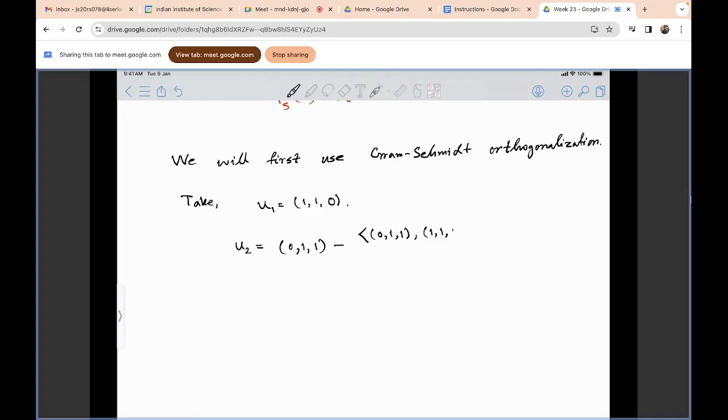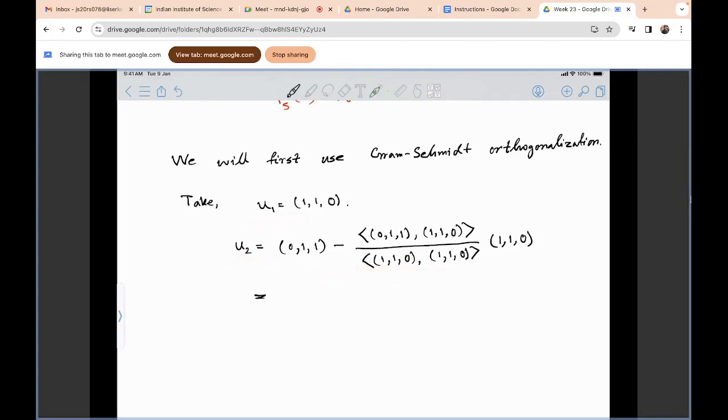We take this next vector and delete the component of (0,1,1) in the direction of (1,1,0). Then u2 will be orthogonal to u1.